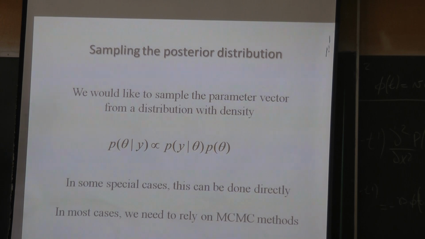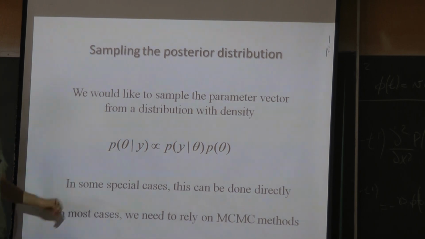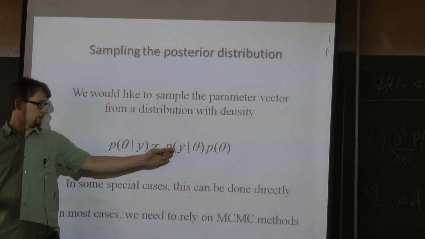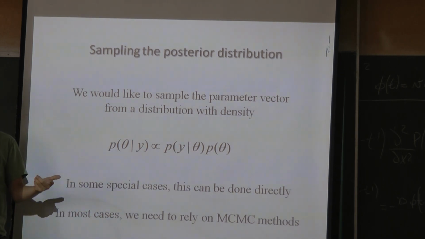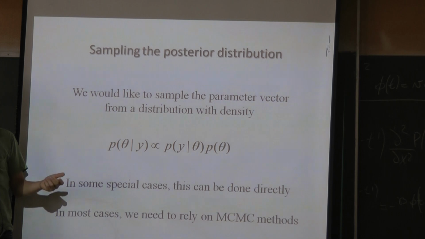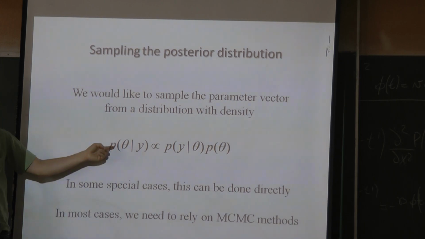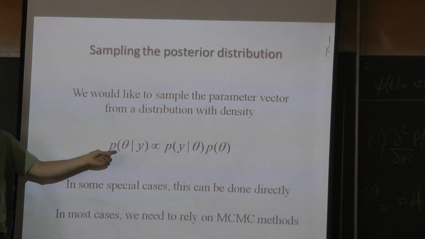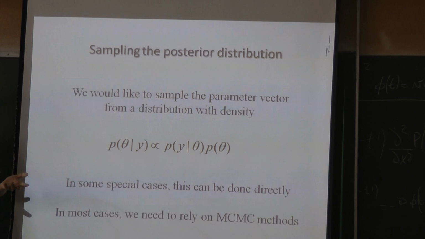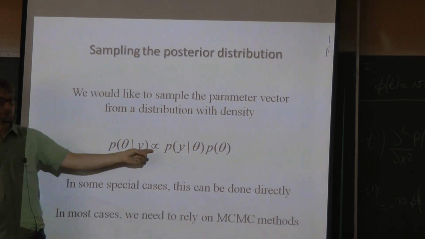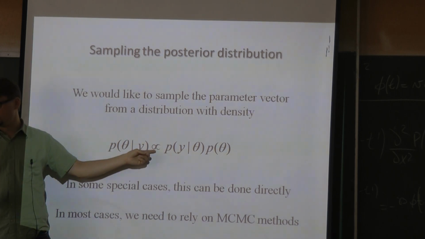So in a sense everything is kind of clear. After you have defined your model, you can write down what's the posterior density. But there is a technical problem that it's very difficult to sample from this distribution in practice, because this can be a complicated expression. It's not like some standard probability distribution anymore. So it's difficult to work with that. One part of the problem is that there is no equality here. We don't know the normalizing constant.